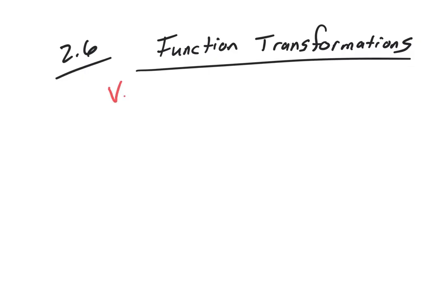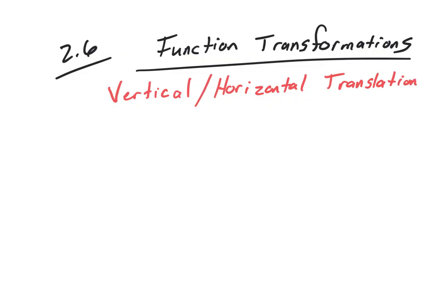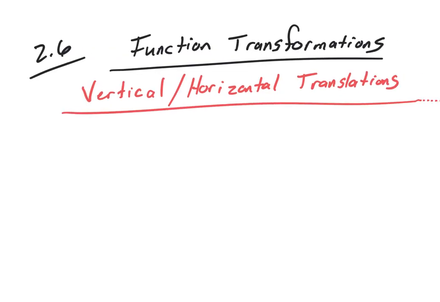Okay, first one is what we call vertical or horizontal translations. And that's the name that the book is going to use, right?